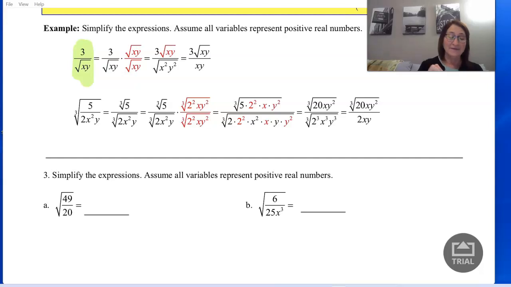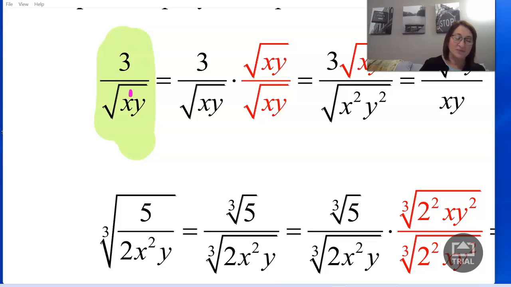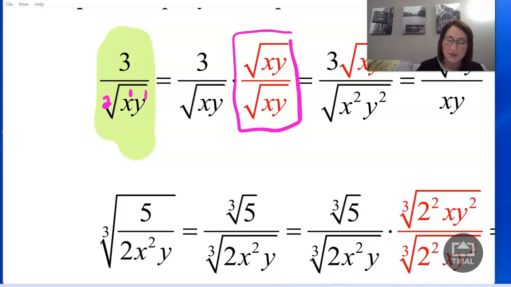I have as an exponent a 1 for each of those, and yet my index is a 2. So I need 1 more x, 1 more y. That's what we're doing here. I'm rationalizing the denominator, but if I'm going to multiply the denominator by something, I have to multiply the numerator by exactly the same thing, because it's like I'm multiplying by 1.